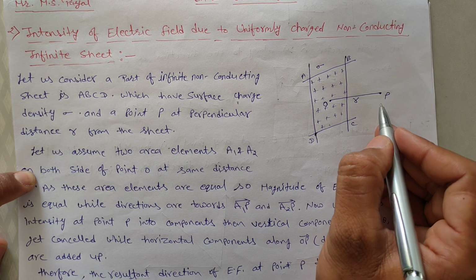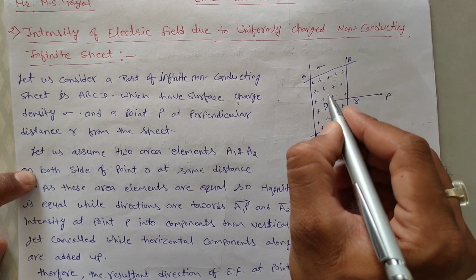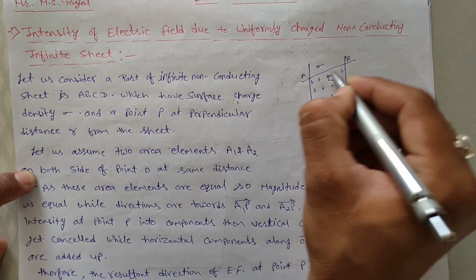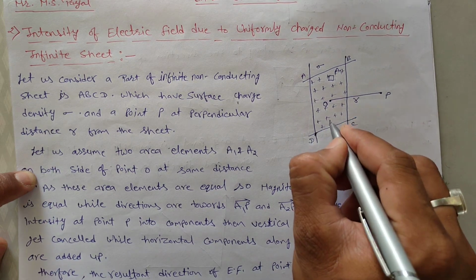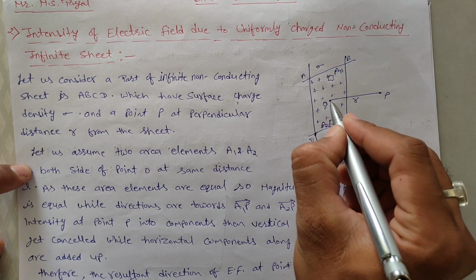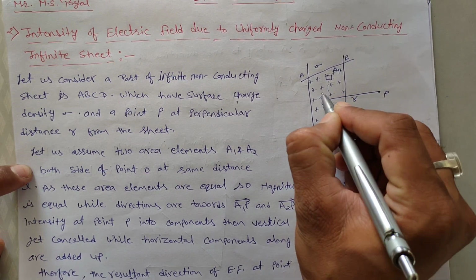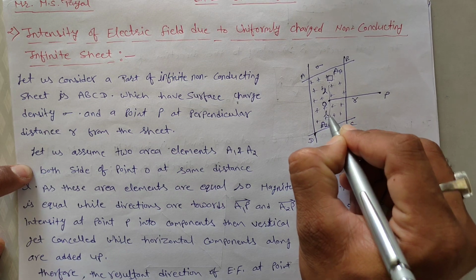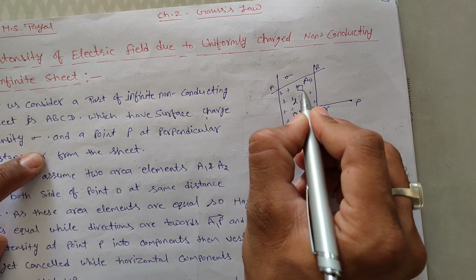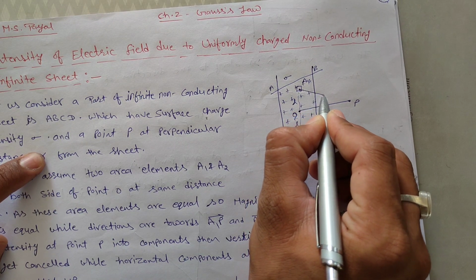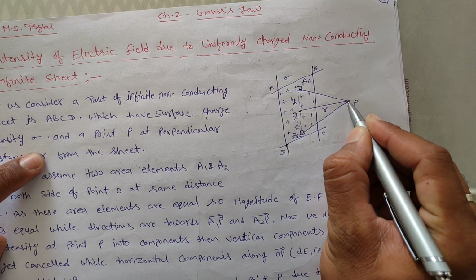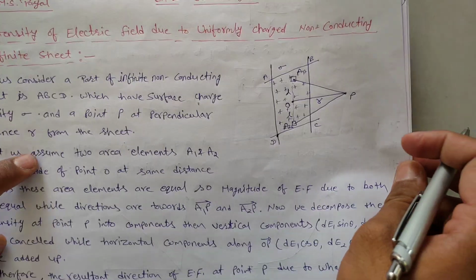We assume two area elements A1 and A2 on both sides of point O, one here and another one here, at the same distance l from this point. Then due to these elements, we consider the electric field intensities at point P as DE1 and DE2 respectively.